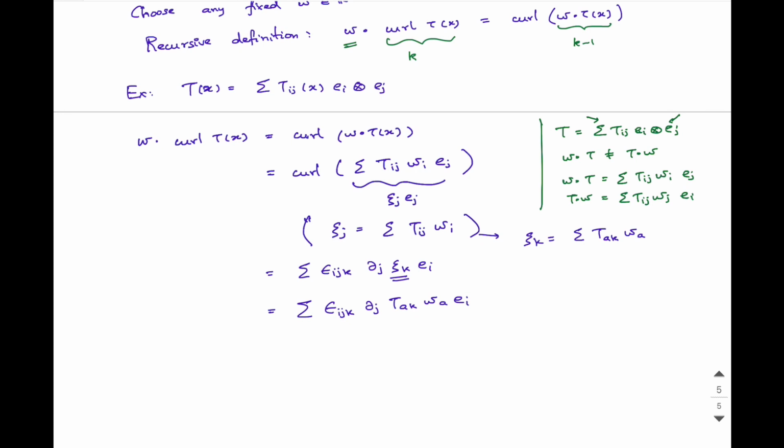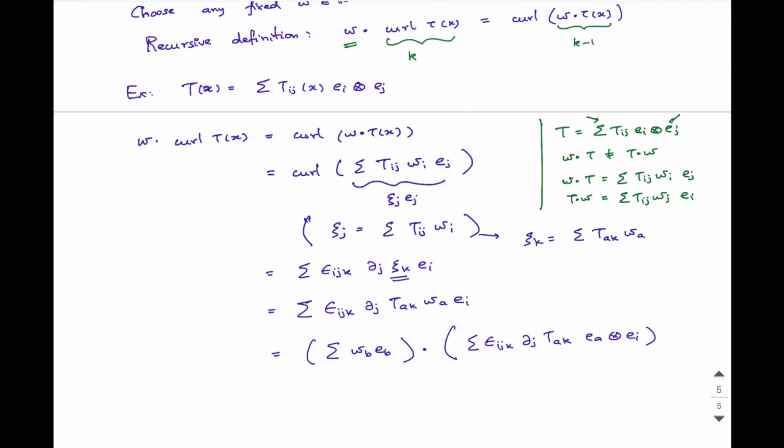Now we want to write this as w dot something. So I want to write this as the summation of w_b e_b dot something, epsilon_ijk partial_j T_ak, and of course instead of w_a I want to have something like e_a tensor product e_i.